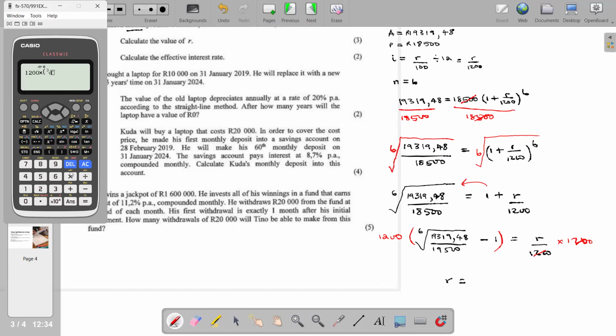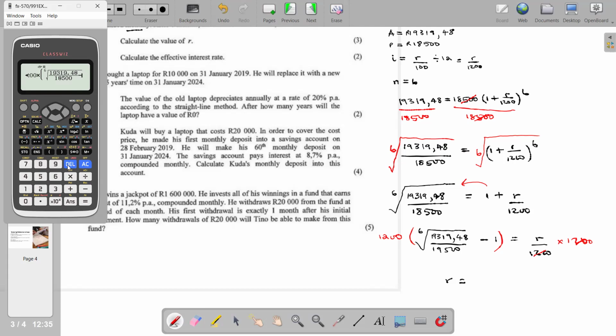It's not cube root, it's the sixth root of 19,319.48 divided by 18,500, not 19,500. Then we have minus 1.